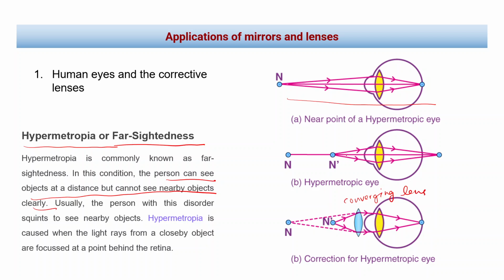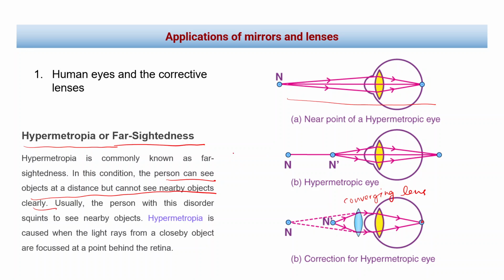So what it does, the rays here were converging at far point, but using this convex lens in between, we are making the rays converge a little earlier at the correct point, that is at the retina. So this is how we use these lenses to correct the human eye problems.